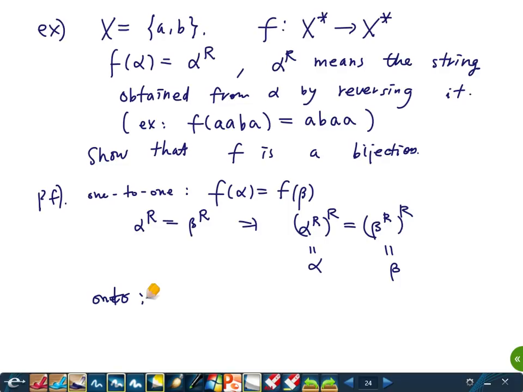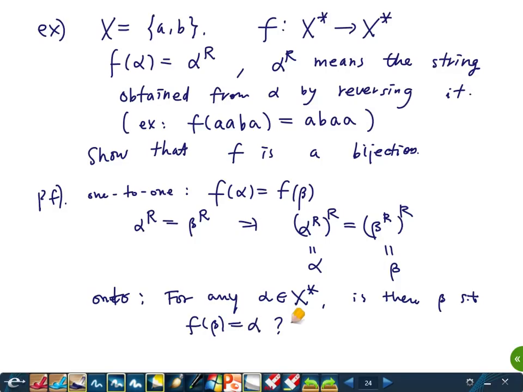For any string alpha in X star, can we find a beta such that f of beta equals alpha? Can you find such a beta? So for instance, you have a sequence ABAB. Which string gets sent to this by f?